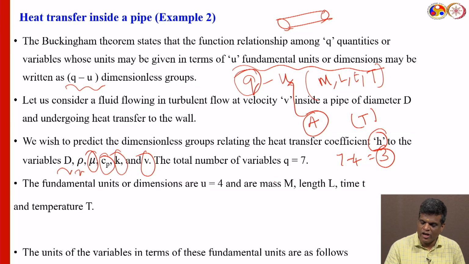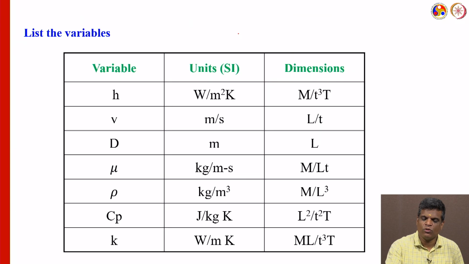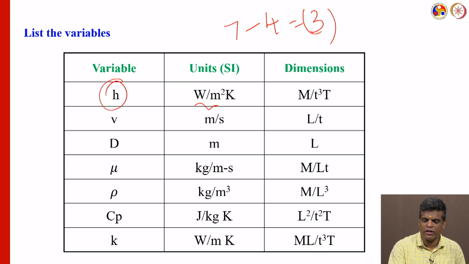So the total number of variables q equals 7, the fundamental dimensions u equals 4: M, length, time, temperature. After solving, with 7 variables and 4 fundamental, we get 3 dimensionless numbers.